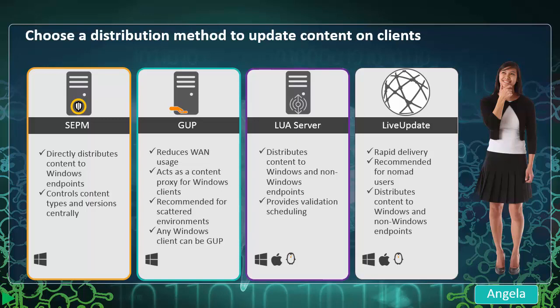An internal Live Update server is a separate software installation that provides a centralized content repository for all platforms. The internal Live Update server can also work as an automated definition validation server, where content is distributed first to a few systems for testing. It helps ensure that no false positives occur on the production systems.